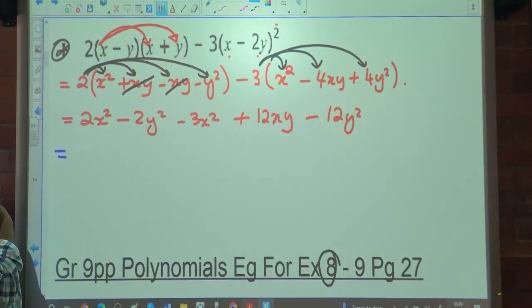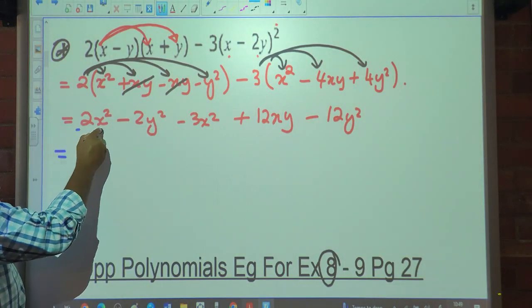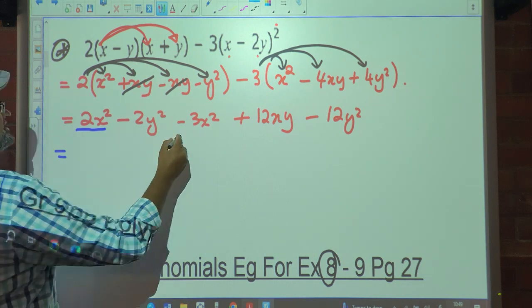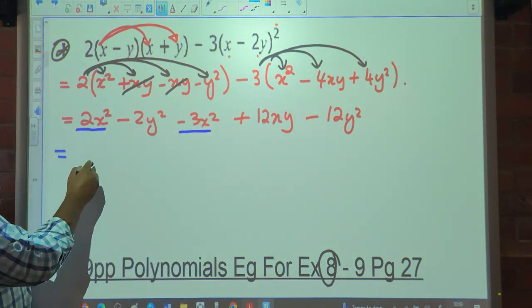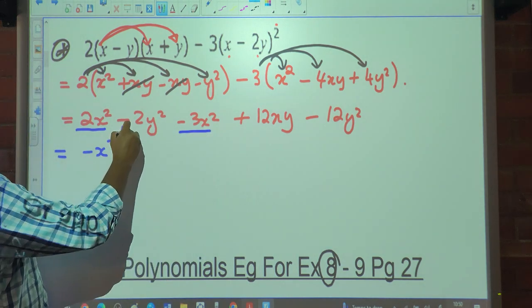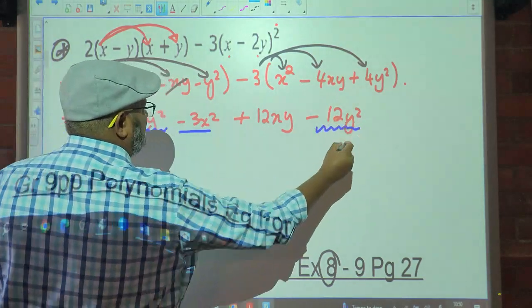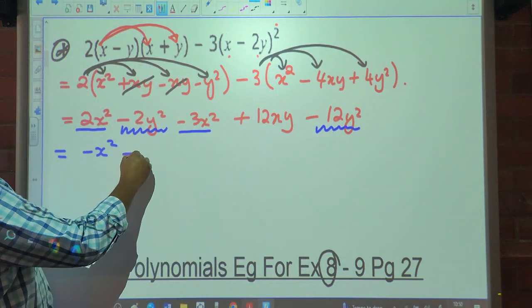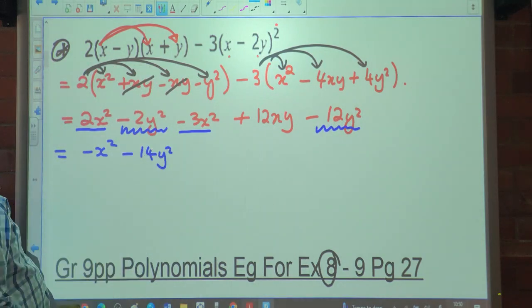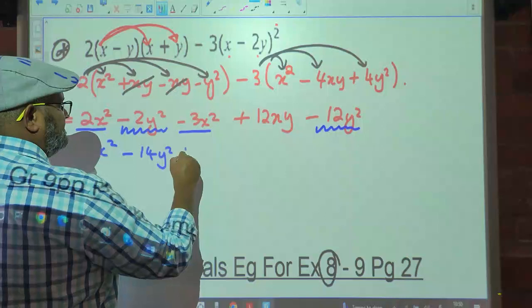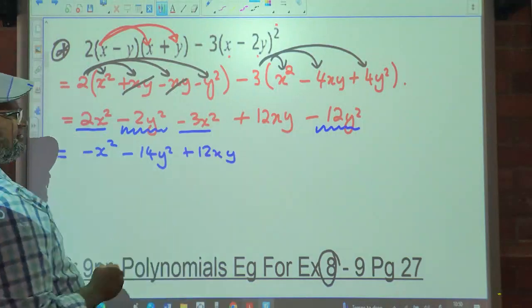So now we're going to collect like terms. 2x squared minus 3x squared is negative x squared. What's negative 2y squared minus 12y squared? Negative 14y squared. What are we left with? Plus 12xy.